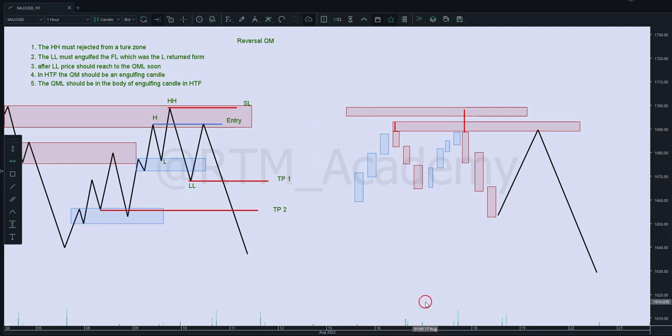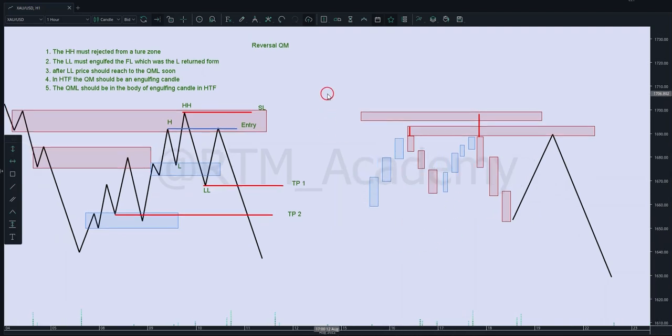You should have lots of training for the QM. You should find at least 50 or 100 QMs in different time frames and pairs, and make a screenshot and upload it in your journal.